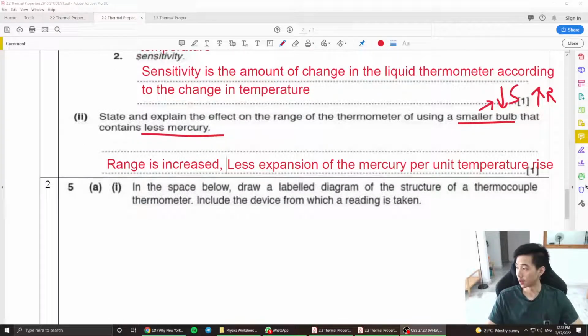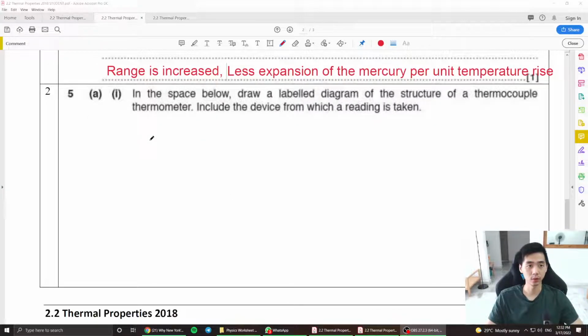All right, then moving on to this next question here. In the space below, draw a labeled diagram of the structure of a thermocouple thermometer, including the devices from which a reading is taken. Now, our thermocouple will consist of a few key components, right? Number one is definitely going to be a galvanometer.